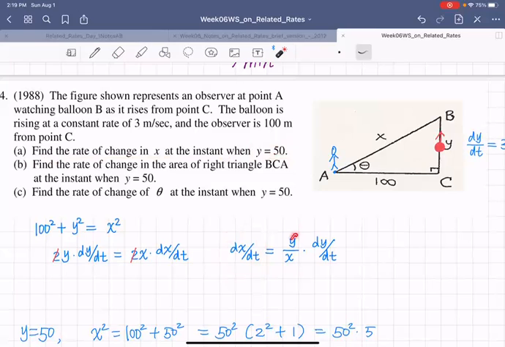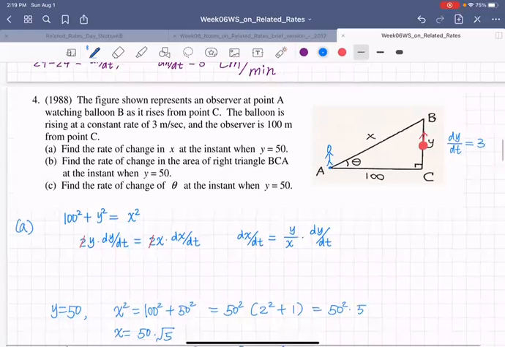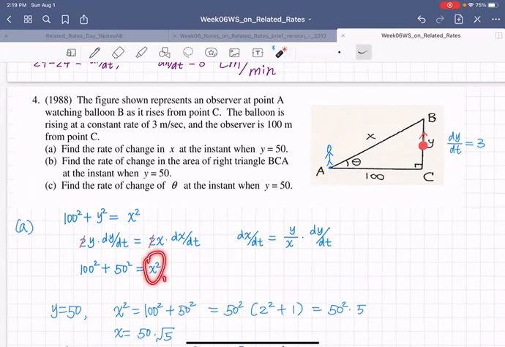So 50 is here. 3 is here. Now you want to get your x. You find out 100 squared plus 50 squared equals x squared. You can find the x value and then plug in over here. This is the time to use this 50. Does this make sense?